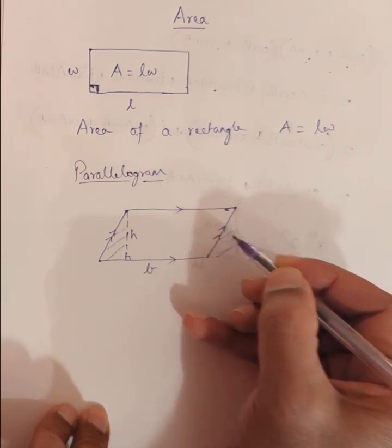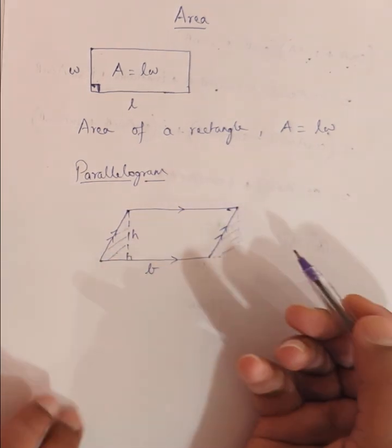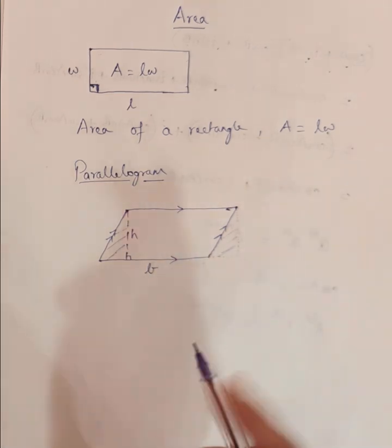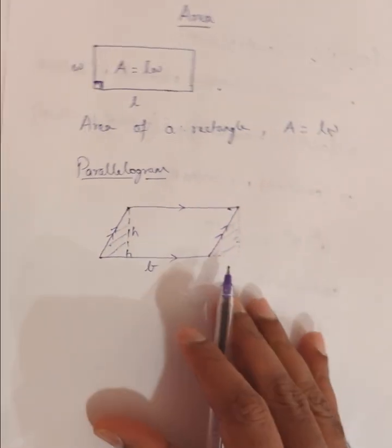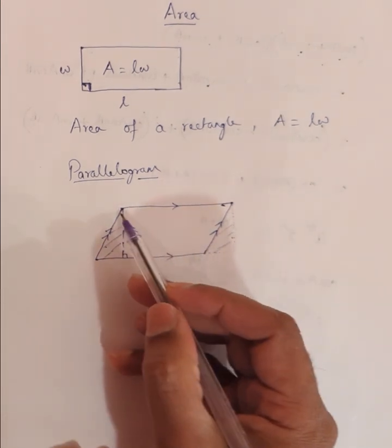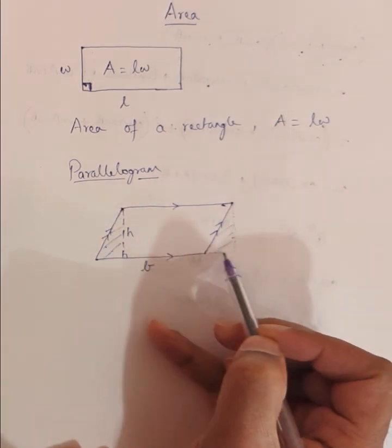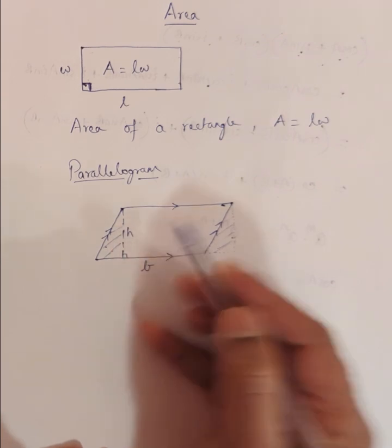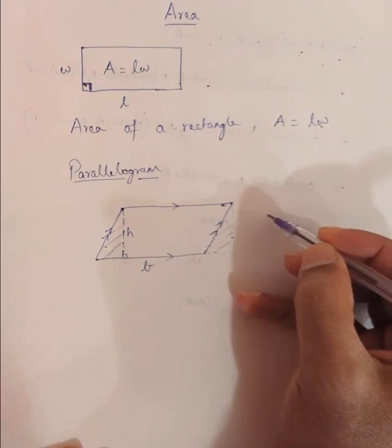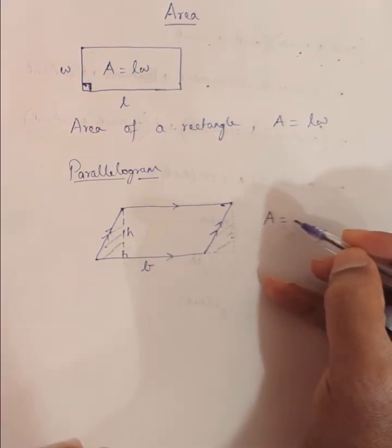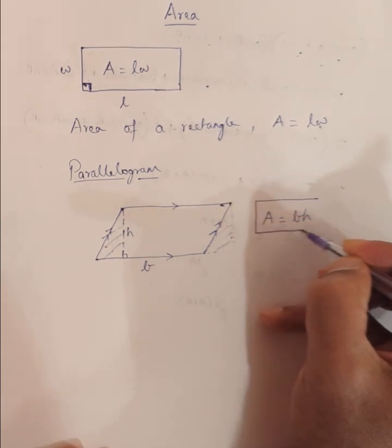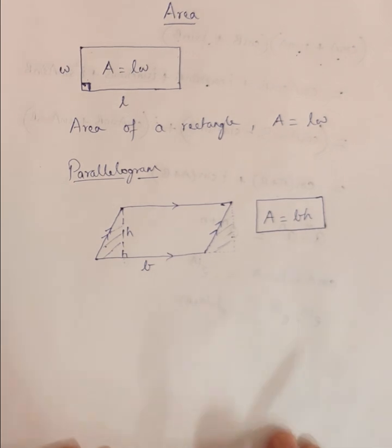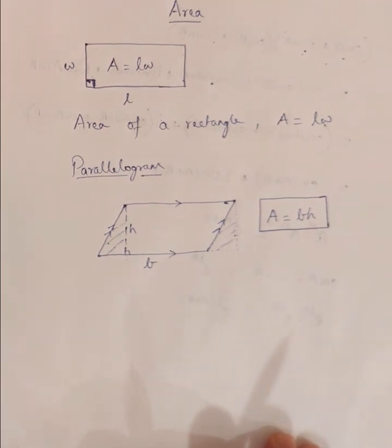These two sides are equal and parallel. So you can imagine cutting this and putting it here. In that case, the area is still the same as area of this rectangle. So what's the area of a parallelogram? It's going to be base times height. Instead of length times width, you're going to say it's base times height.